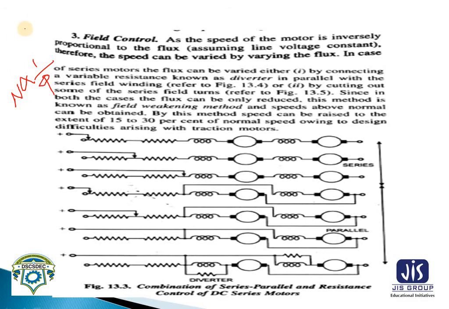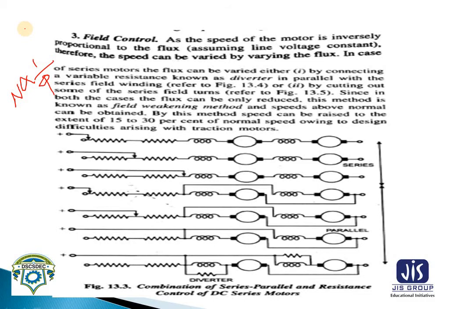That means we are adding some resistance in parallel, or we will cut out some turns from the series field, and then the amount of flux will be decreased, and when the amount of flux is decreased, the speed will be increased.